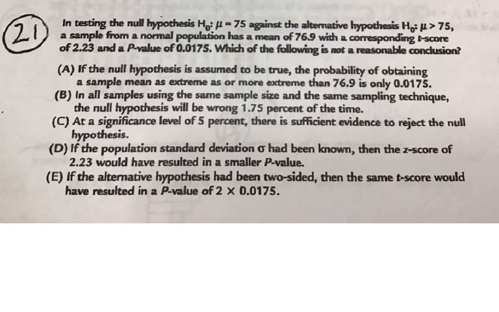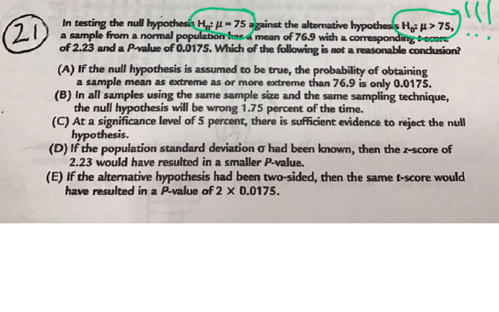Now, 21, guys, I don't even think we need a calculator on. Notice they told us that our initial hypothesis is we're assuming the average is 75. The mean is 75. Notice over here we're suspecting it's greater than 75. So we have a single-sided test, or single-tailed test as we say.